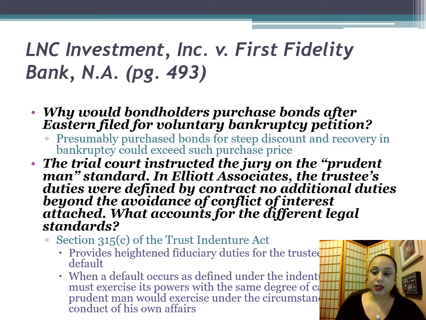And oftentimes you see hedge funds who attempt to take advantage, and I'll talk about why that is in a second. Oftentimes it's hedge funds that are able to take advantage of these kinds of opportunities, where they can purchase the bonds at an extremely steep discount, and whatever they are able to recover via the bankruptcy proceedings could exceed the purchase price.